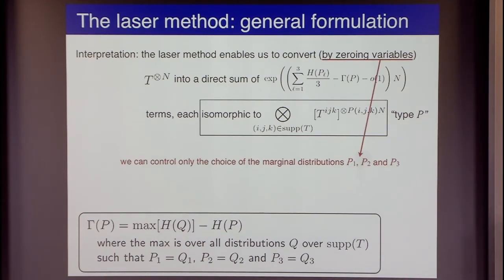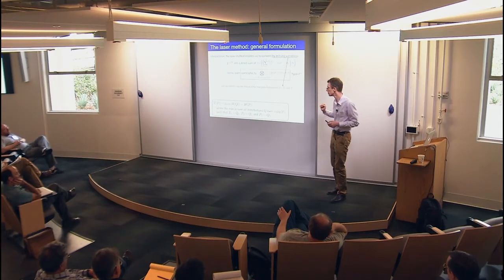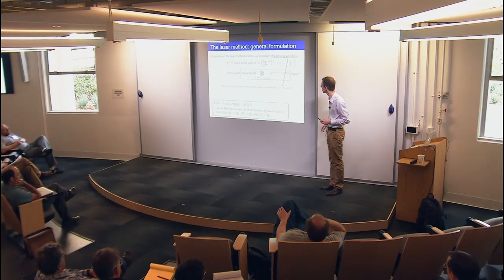But you cannot do it because you can only zero variables. So this means that you can only control the marginal distributions P1, P2, and P3. Choosing P1 corresponds to choosing which x variable you want to zero. So you can only control the marginal distribution.